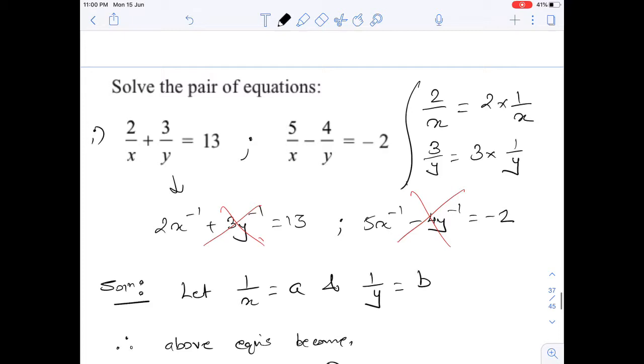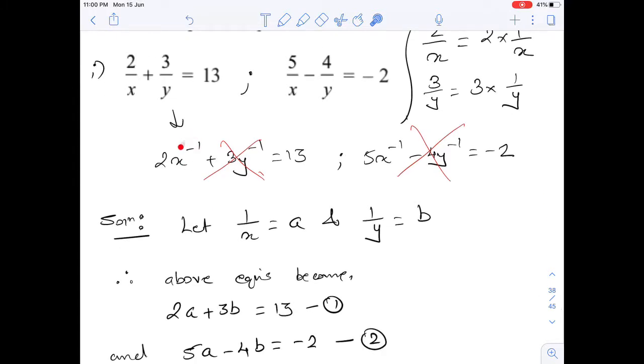We have learned that here we had an equation with two variables, but this was not linear. It will become linear when these variables come to the numerator. But we cannot directly bring this one to the numerator, because if it comes to the numerator, their power changes to negative, then it won't be a linear equation. So what we have done, we have substituted.